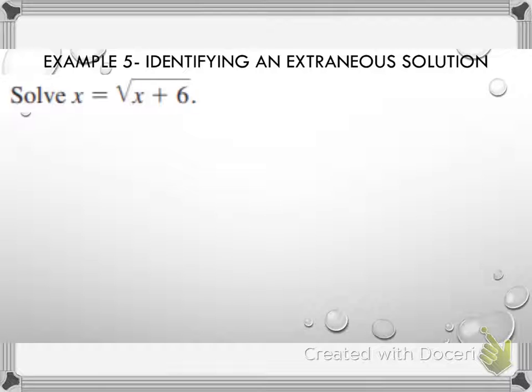Nothing's being added to the radical, subtracted from the radical, multiplied by the radical, or divided by it. So now that the radical is by itself, what can I do to both sides to get rid of the radical? Square both sides. Look at that, I added color. Squaring a radical will get rid of the radical. Questions on that first step?